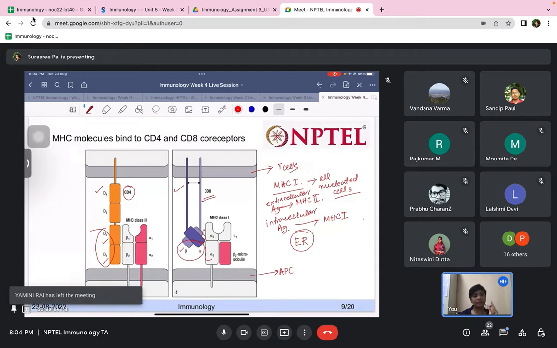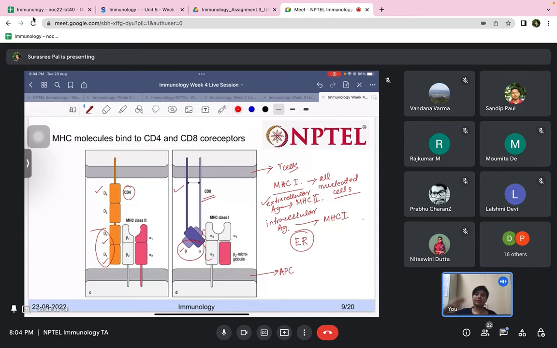Whereas in case of MHC class 2, they are responsible for presenting antigens which are extracellular. What I mean by extracellular is that they were outside the cell, for example bacteria. They do not need to enter the cell like the viruses.